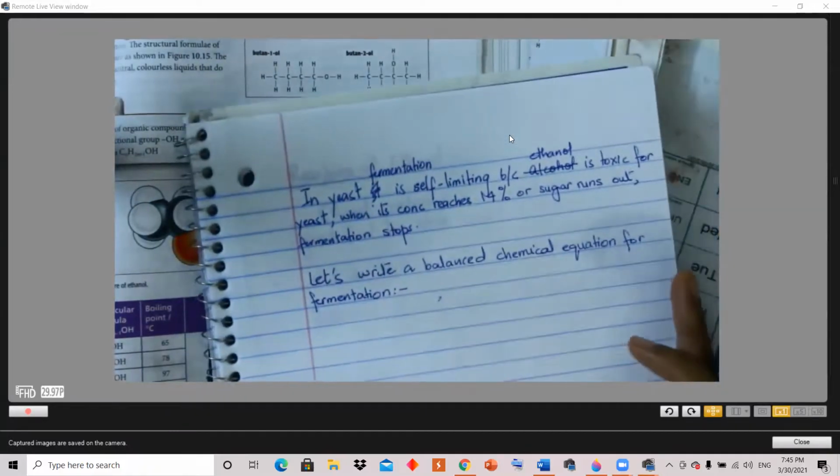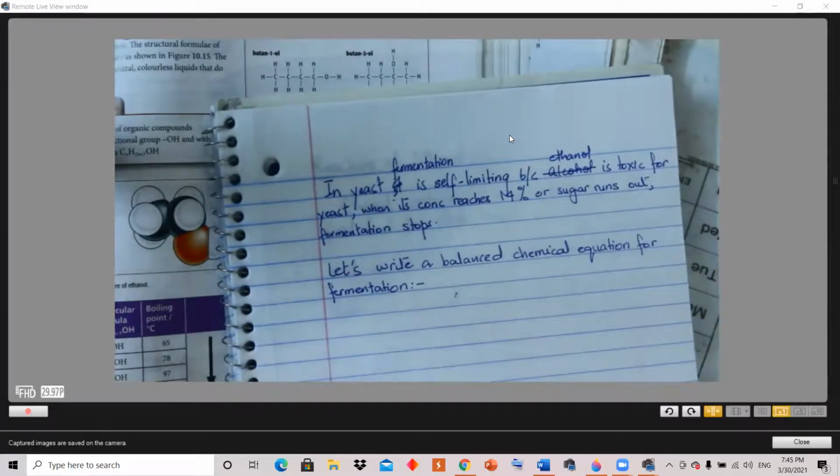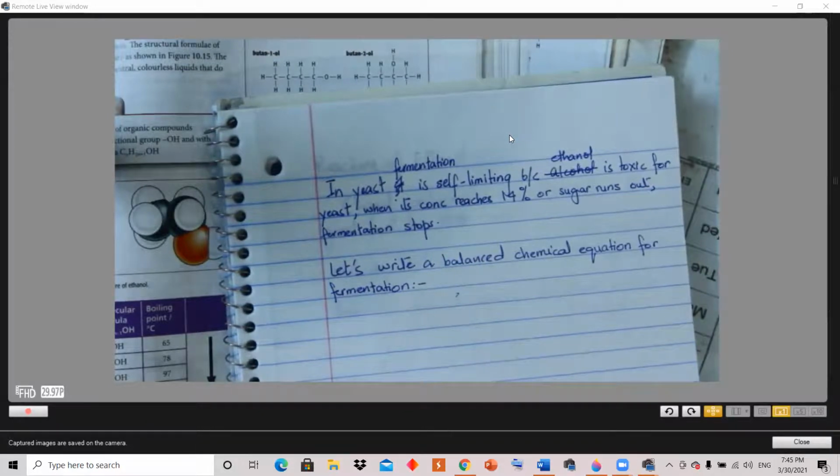So what your book says is that in yeast, the fermentation is self-limiting. What does self-limiting mean? The process ends on its own. We don't have to do anything. Very good.